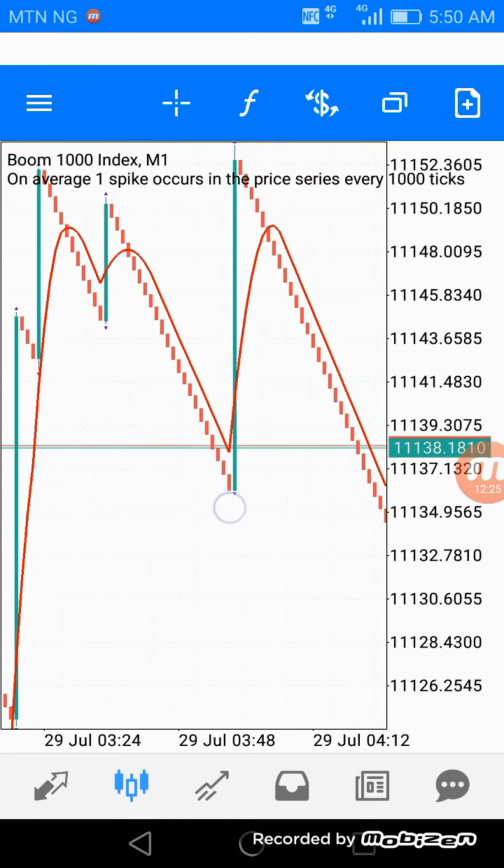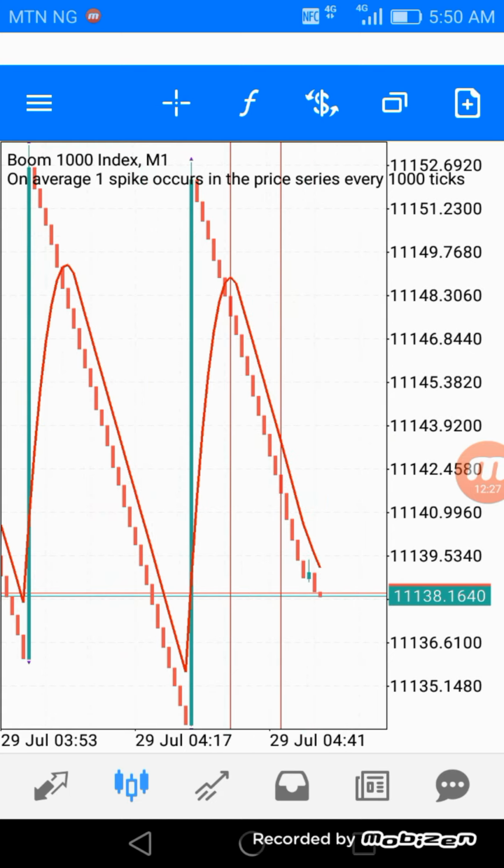So your ability to spot the moves, these M's and W's are always formed in the market, and with this strategy you are sure of way over 80 entries in a day. Over 80 entries. That is talking about the boom and crash market, both 500 and 1000 indices, okay?